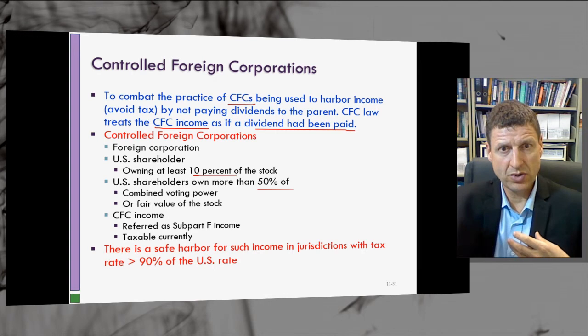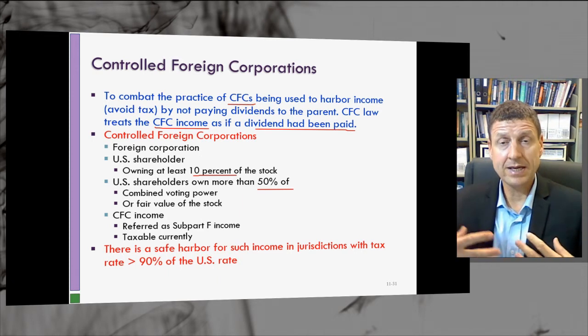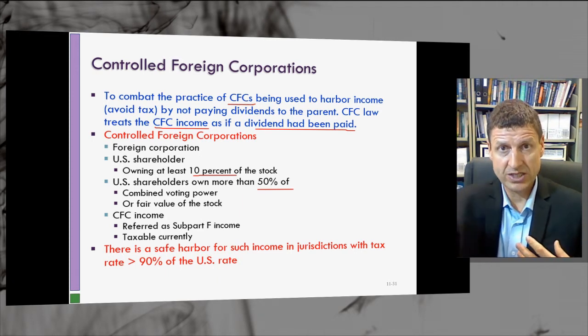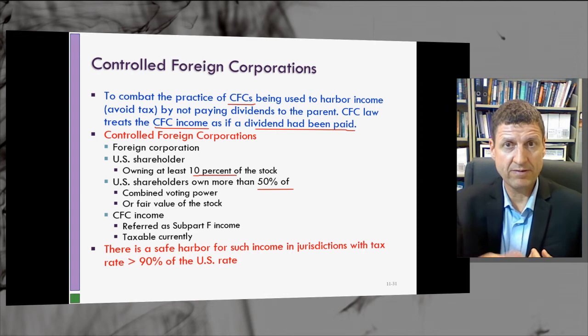But under this new law, that company may be deemed a foreign controlled corporation if I own more than 10%, if I control that company more than 50%, and if that company is in a tax jurisdiction whose tax rate is less than 90% of the US tax rate, which is 31.5%. Singapore is in that.